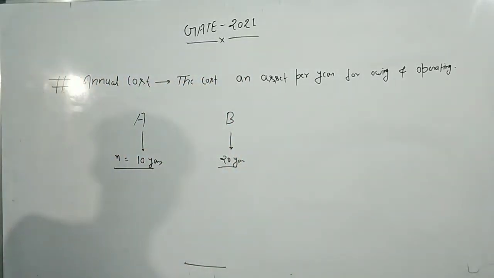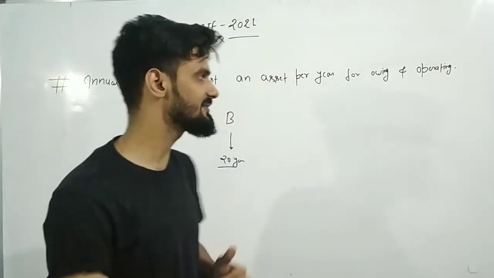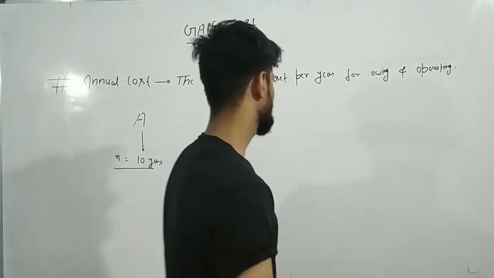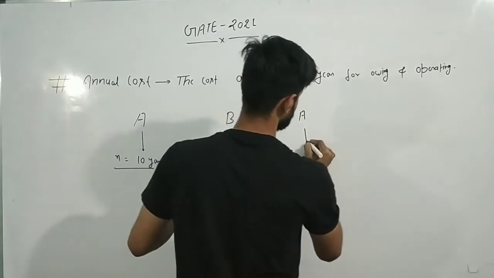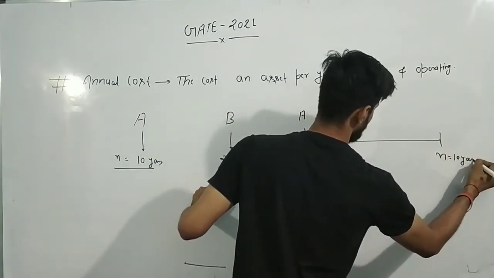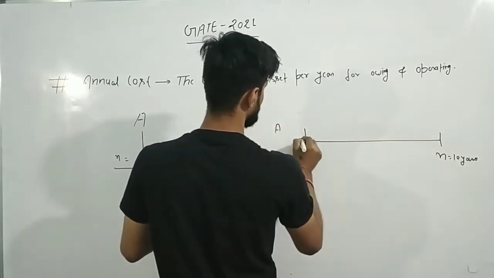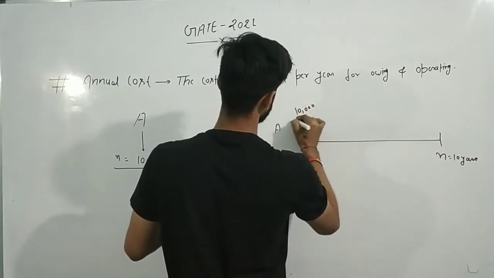Now understand one thing, in the annual cost method, what we generally do, I will explain with the help of an example. Suppose there is an asset A having service life n equals 10 years, and for A you place at n equals 0 an amount of 10,000 rupees.